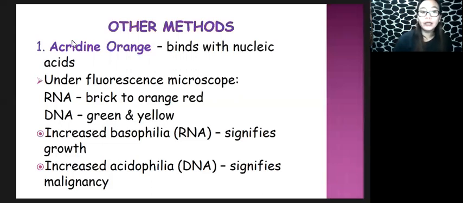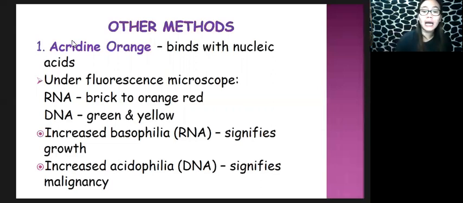If, for example, your RNA is predominant, this is seen as an increase in basophilia. Increase in basophilia signifies normal growth. Under the microscope, you should be able to see a brick to orange-red fluorescence as the predominant one. So I repeat, in normal growth, the predominant fluorescence that should be seen is brick to orange-red.